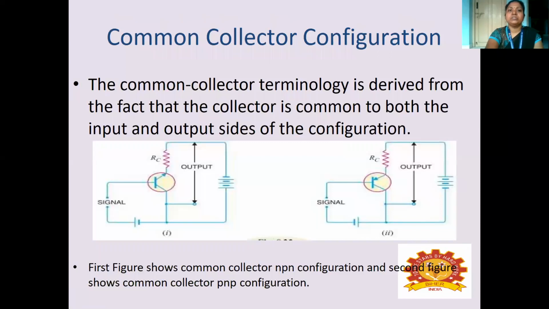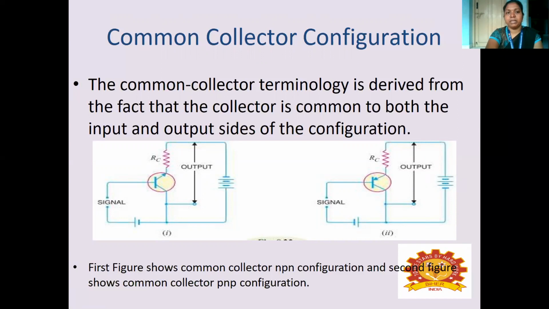Yes, now we come to the final configuration, which is the common collector configuration. The common collector terminology is derived from the fact that the collector is common to both the input and output sides of the configuration. So you can see here the configuration we have. The collector should be common.